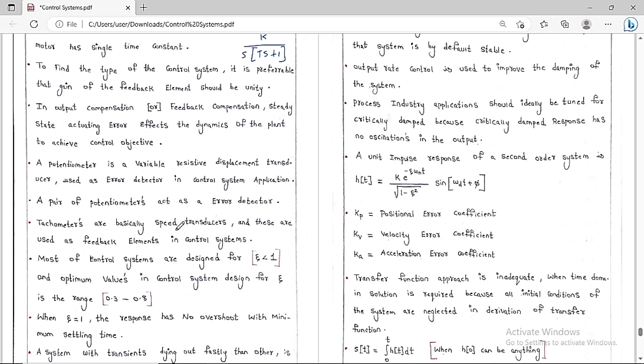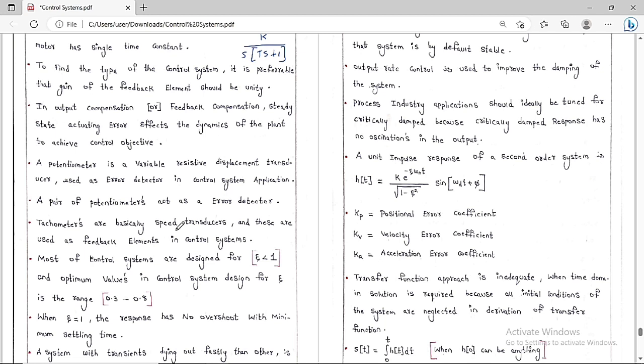In simple words, most control systems designed for industrial purposes have a zeta value lesser than 1, and the optimum values of zeta for design are in the range from 0.3 to 0.8.